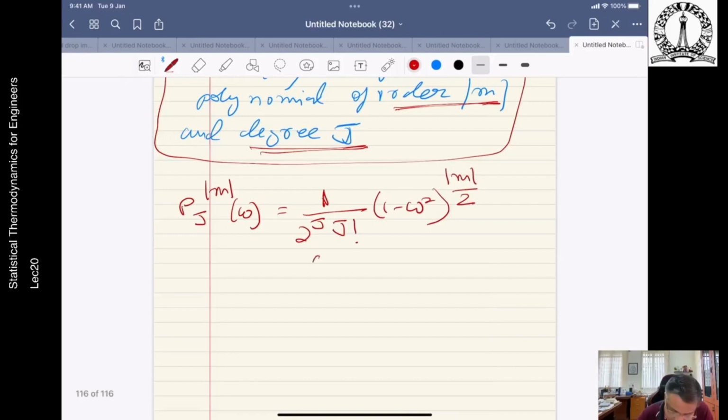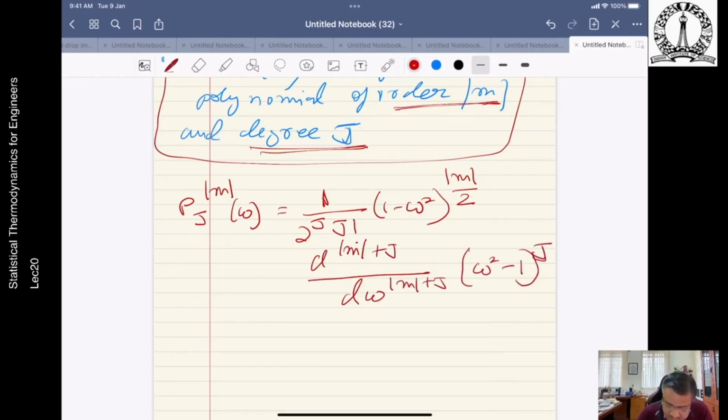Then we write it like this: the differential d to the power of j plus m divided by d omega to the power of j plus m, the order of the differentiation with respect to omega, done on omega squared minus 1 raised to the power of j. So this is the Legendre polynomial.